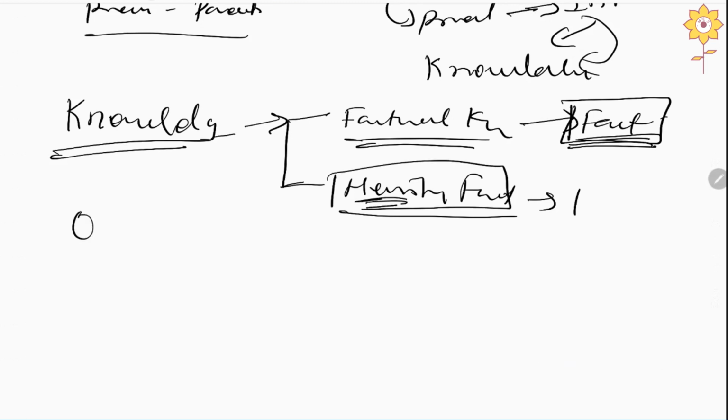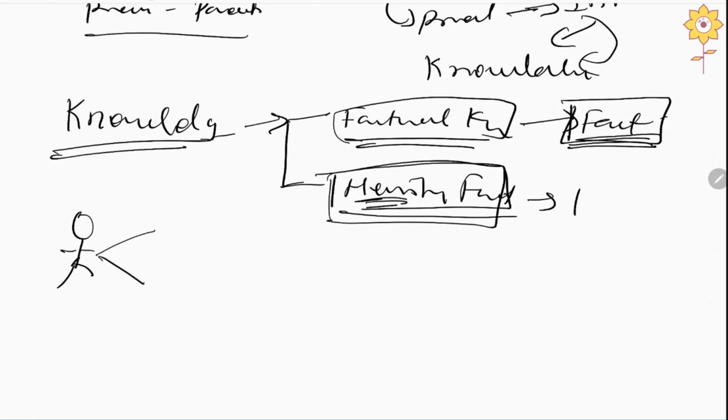Whenever a knowledge worker is collecting data, he may collect factual data or he may collect heuristic data. If it is factual knowledge, then our inference engine will work as a deterministic inference engine, whereas when the knowledge is stored in the format of heuristic knowledge, then our inference engine will work as a probabilistic inference engine.